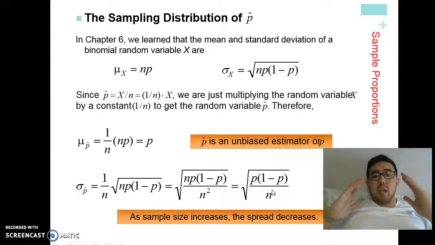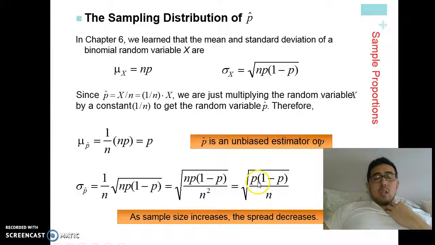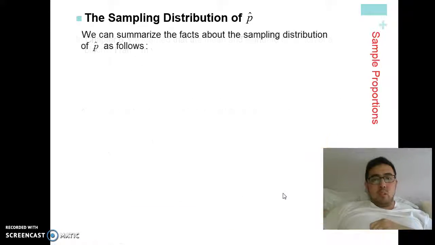Okay, so if I'm looking at the population parameter p, the mean of all of my possible p hats is going to just be p, and the standard deviation is just going to be the square root of p times 1 minus p over n. Now, something that I want to point out here is the fact that this is more evidence that as n increases, the spread decreases, right? If my sample is bigger, then my variability is going to be smaller. Okay.